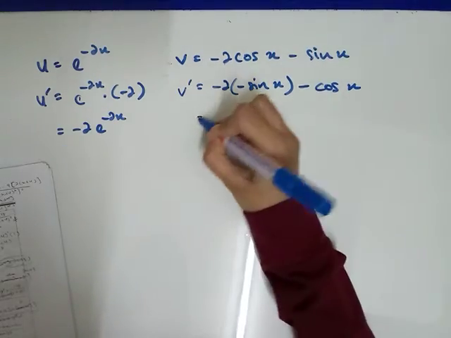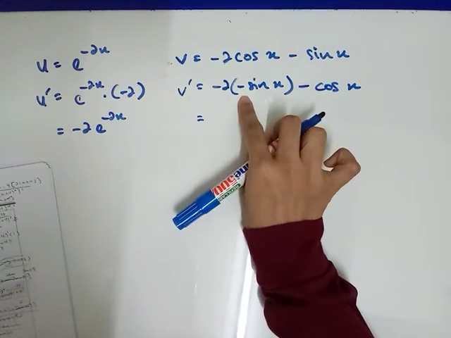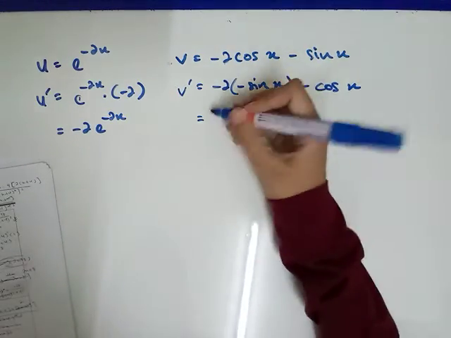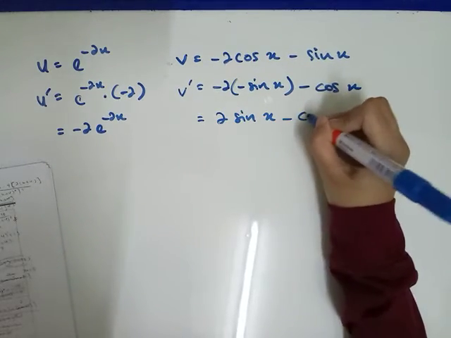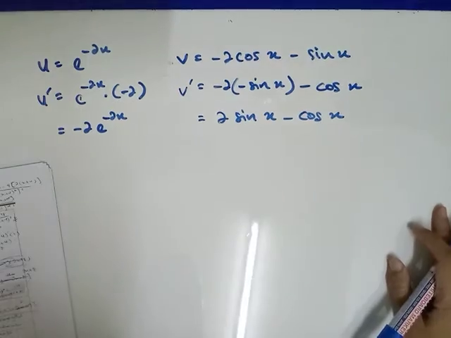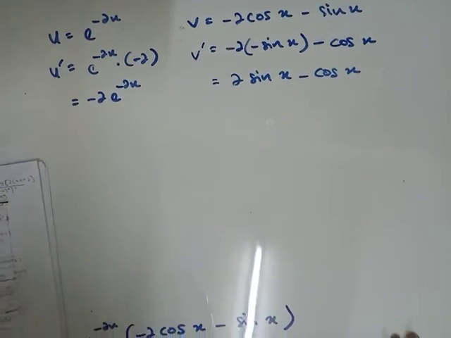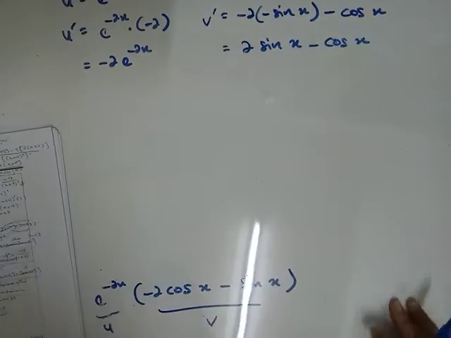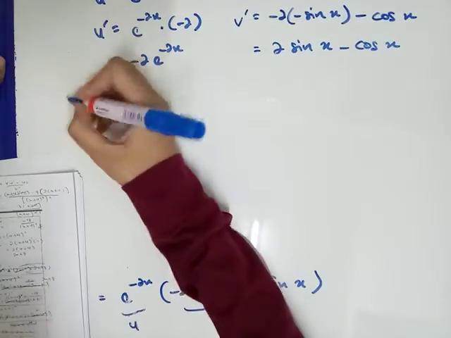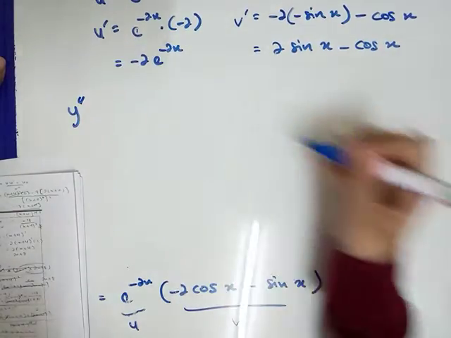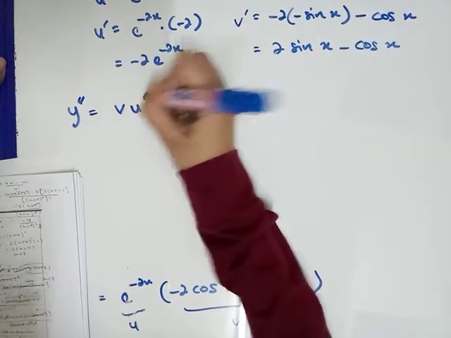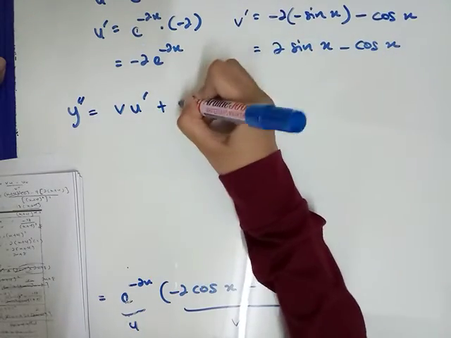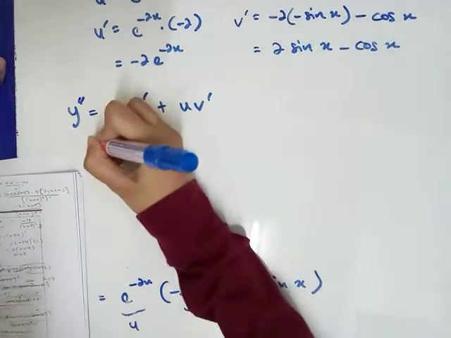Okay, and then simplify. Negative, negative, it should be positive. So 2 sin x minus cos x. So we have done differentiating u and v, and then substitute into the formula for second derivatives, equals v u prime plus u v prime.